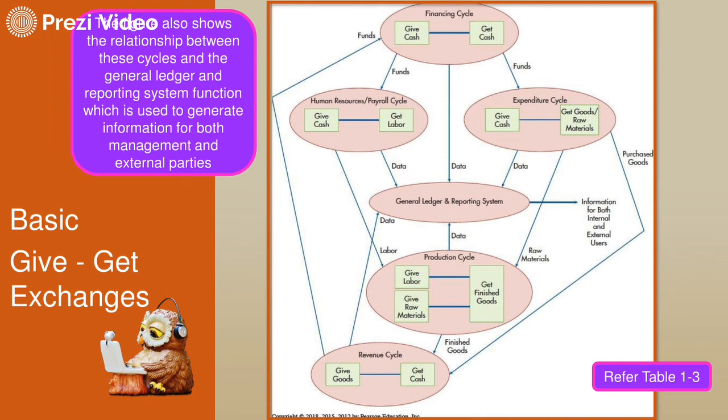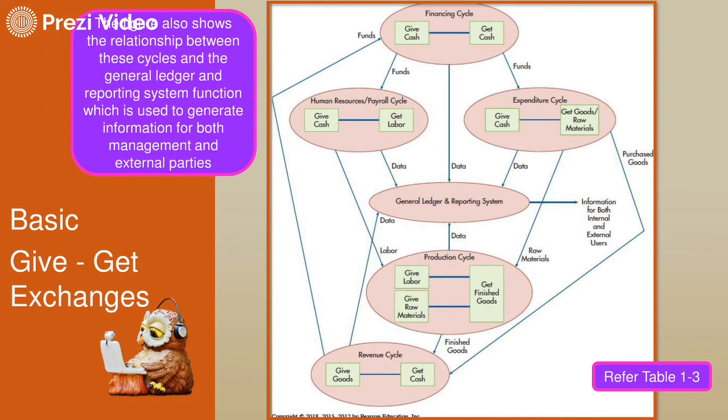And from this figure you can also see the interrelation between the cycles. Between the cycles they use interrelated data. For example, refer to the revenue cycle. The revenue cycle has one flow into it, which is finished goods, which they get from production. The finished goods are sold to the customer, so they get cash.